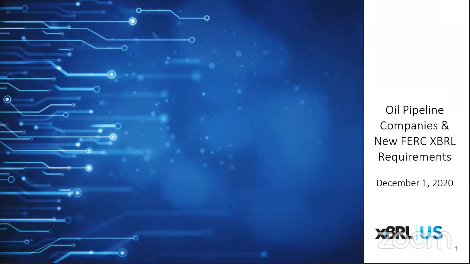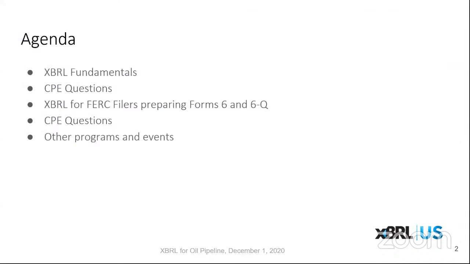So with that, I'm going to talk to you a little bit about what we're going to be covering today. We're going to talk first about some basics of XBRL, XBRL fundamentals. We'll then go into some CPE questions and then dive into the heart of the matter, which is XBRL for FERC filers as you prepare Form 6 and 6Q.